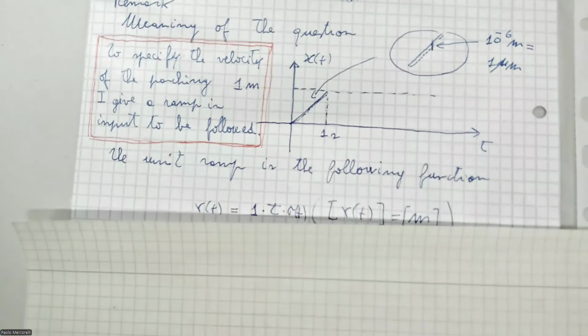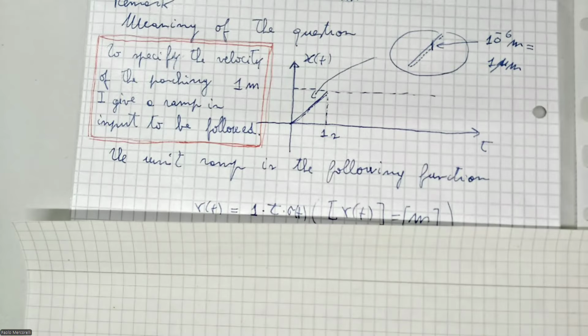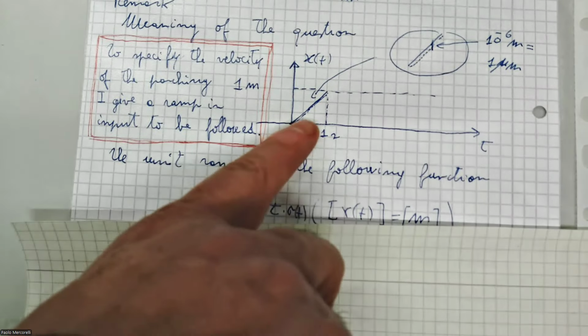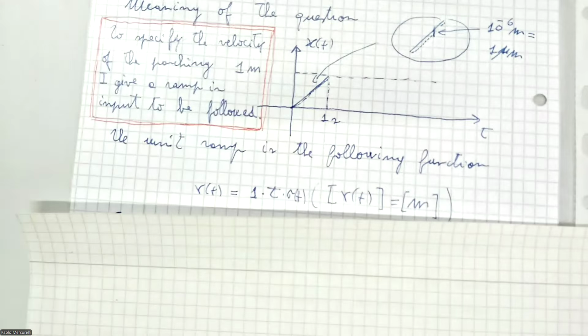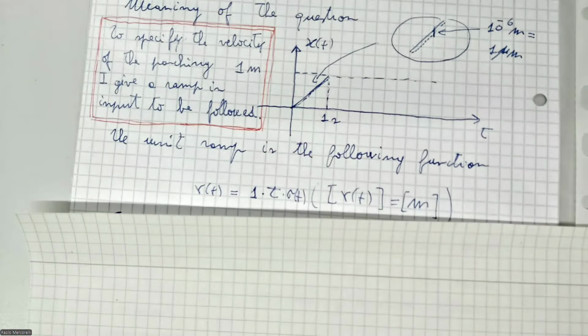And the idea is, assuming that, and now the assumption I will clarify, that I am able to follow this dashed line, which is our reference, with a steady state error.